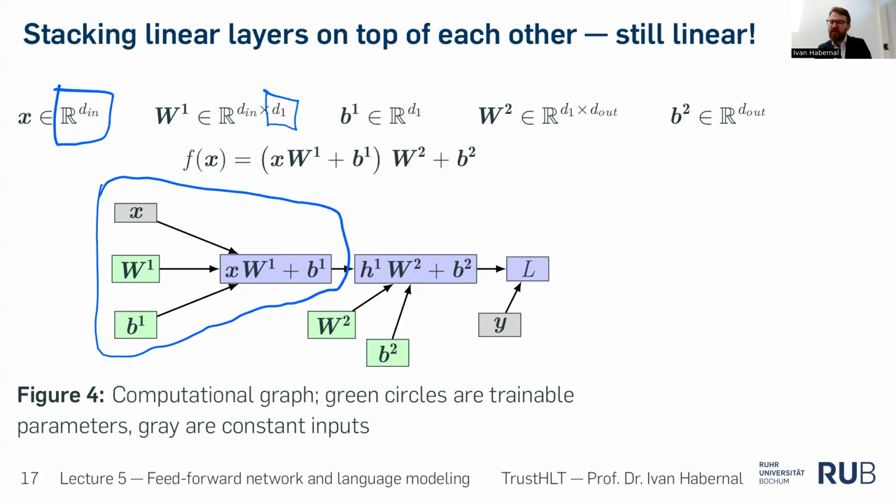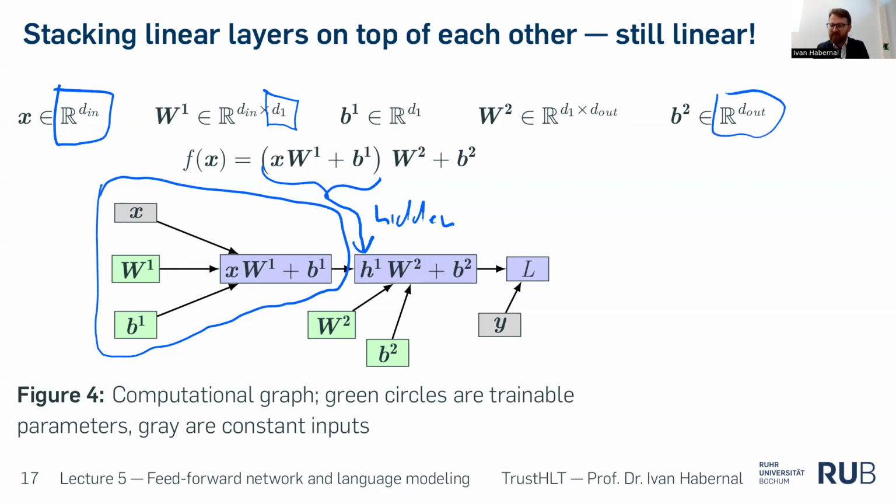And now we take the second part. We call this output H, because it's also called a hidden vector or hidden layer. We take this vector and project it again to some other space of dimensionality D out.